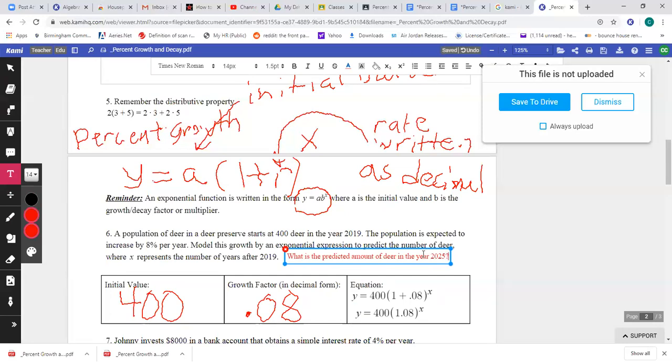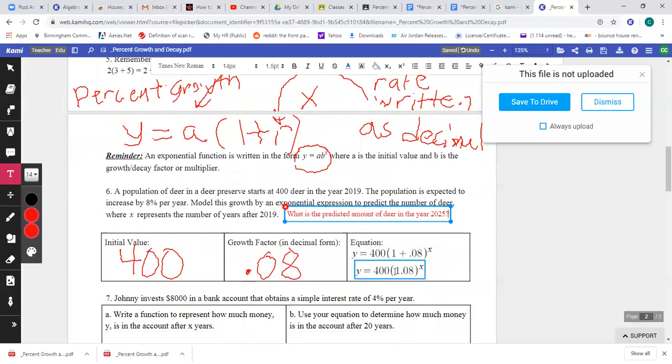I'm going to add that question here for this problem because you're going to see problems like that in the assignment. And so we're going to use this equation to figure out the answer to this.